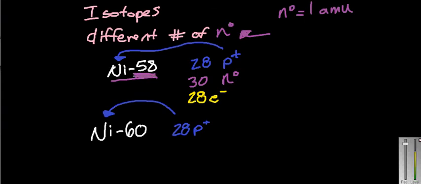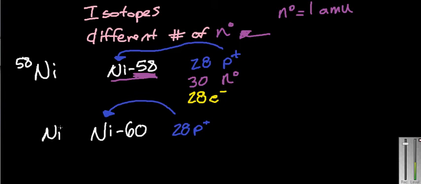Not to get off topic, I could also write nickel 58 like that, and I don't have anything here because I already know that since it's nickel, it has to be 28. So I can leave that 28 out and just write nickel 58.